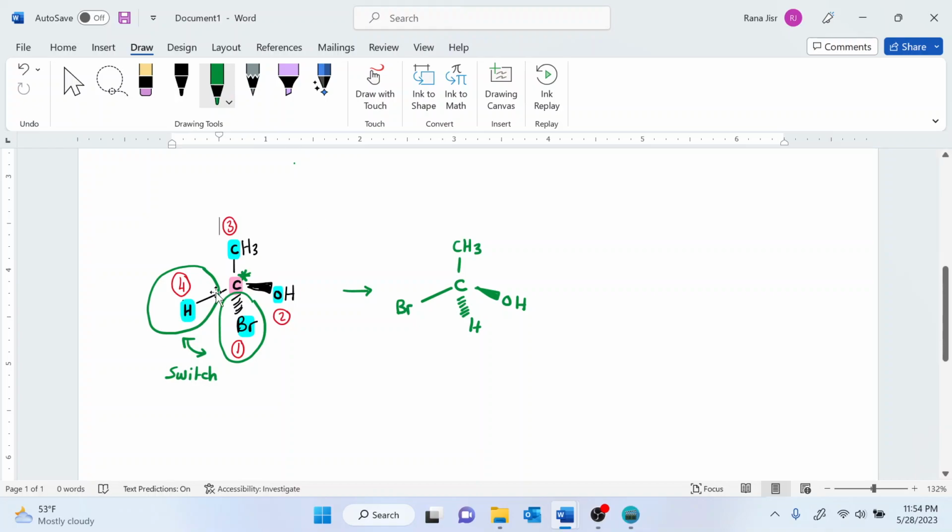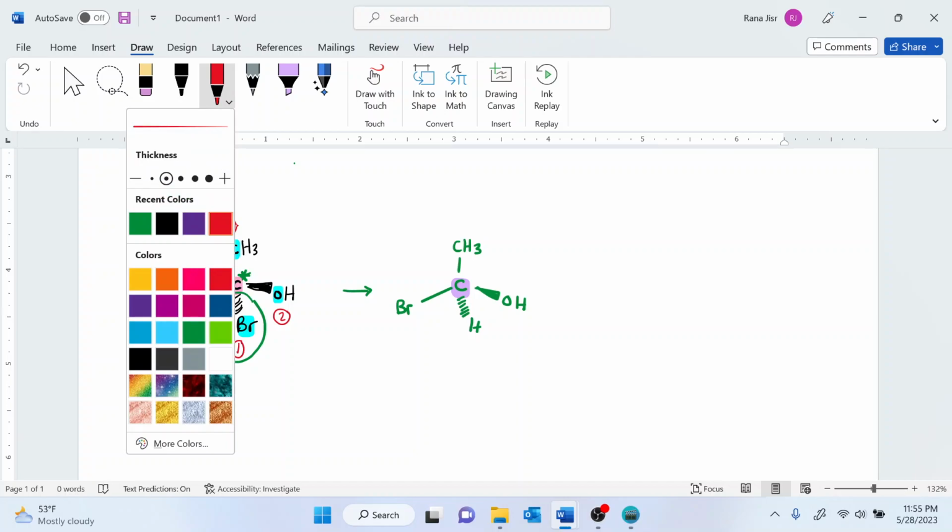So see, you switch them so that your lowest priority group is behind, because you cannot do the absolute configuration of the chiral center unless your group number 4, which is the lowest priority group, is behind. So you switch those two groups over here. And the reason why I chose this one, because this is the behind, and I want my hydrogen to be in its place. And now you go ahead and you do your configuration around the chiral center.